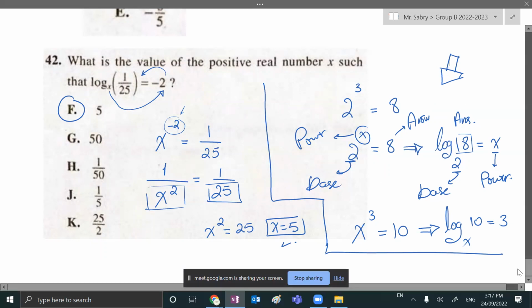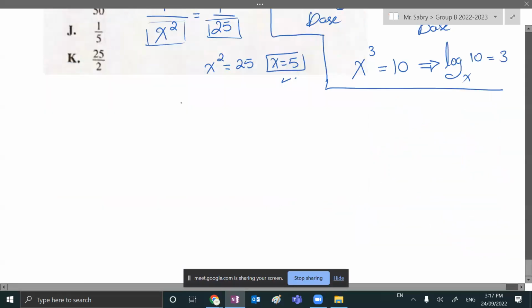Okay, there's one more thing just to add, the ln. The ln is the same as log, but with a base of e. e is a constant number on your calculator, just like pi, for example. It's called the natural base. So ln is the logarithm with the natural base.